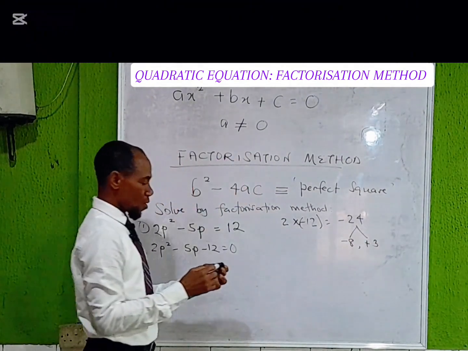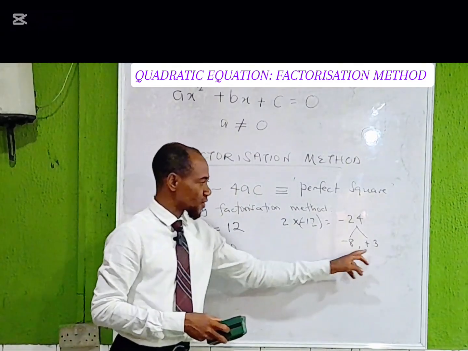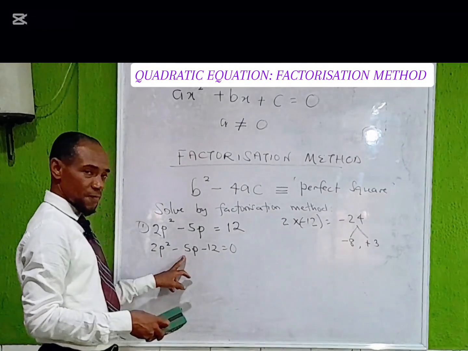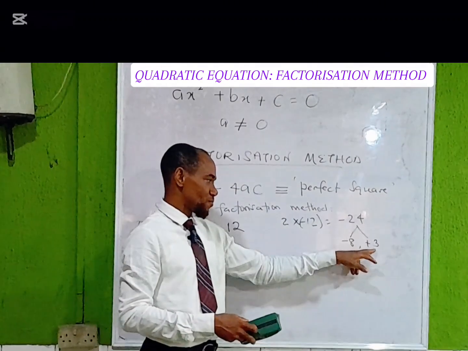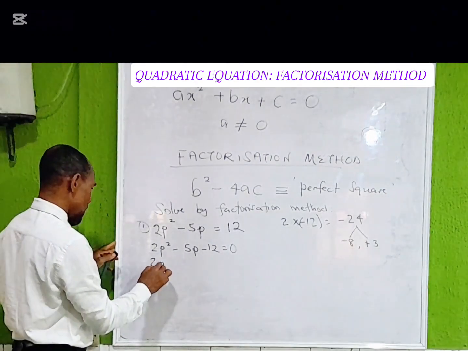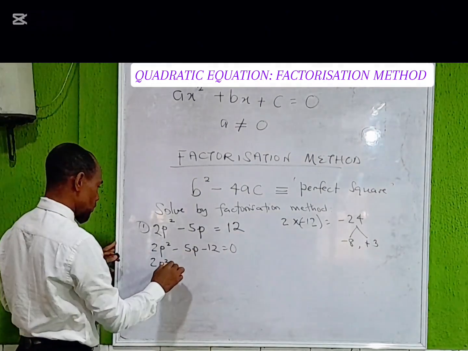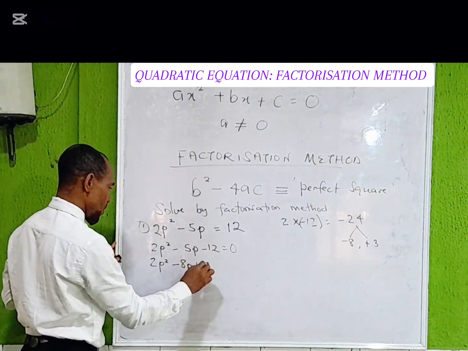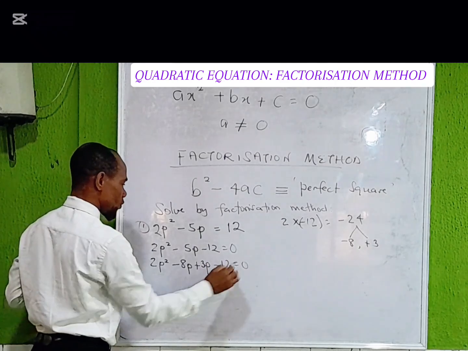You must take cognizance of the signs, because minus 8 plus 3 gives minus 5, and minus 8 times plus 3 gives minus 24. So every other thing remains except the middle value, which we change to minus 8p plus 3p, then minus 12 equals 0.